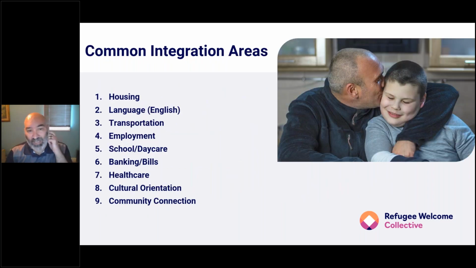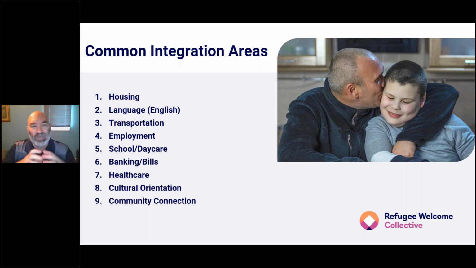Some of the common integration areas that we're going to talk about, we're going to dive into each one so we can look at specific examples. Integration is a broad term, but we're going to look at some specific dimensions or specific areas in which integration, welcome, and belonging take place.